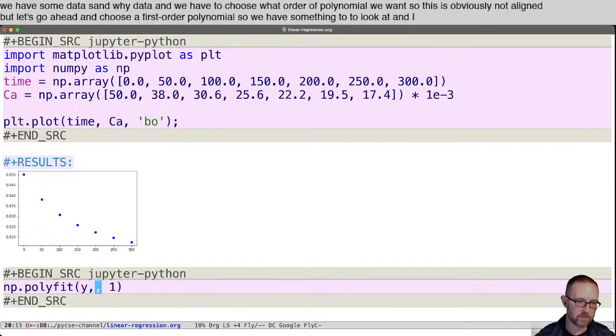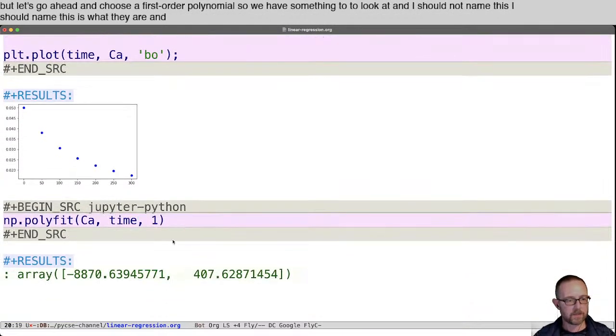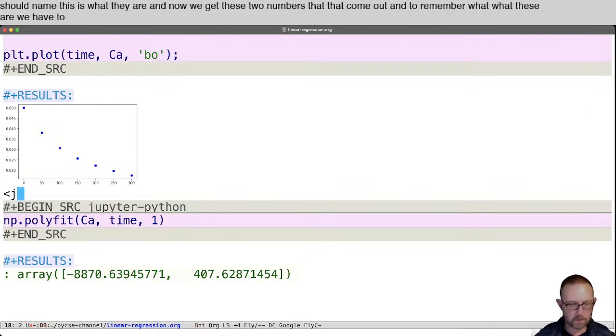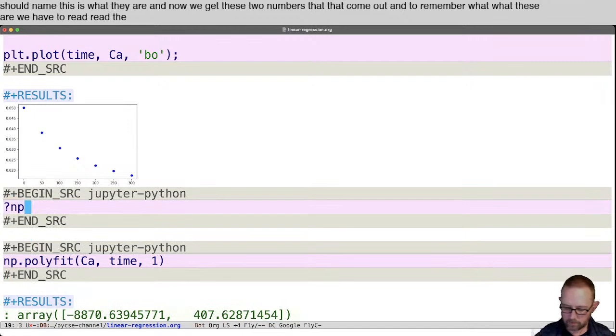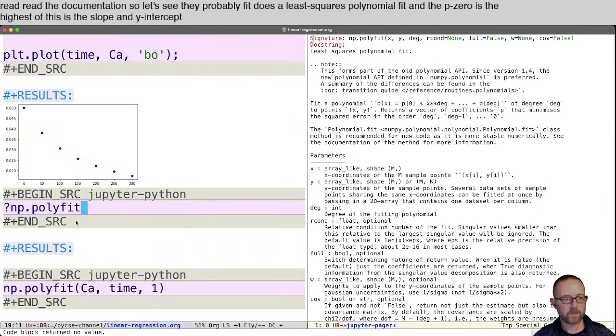And I should name these what they are. And now we get these two numbers that come out. And to remember what these are, we have to read the documentation. So let's see. The polyfit does a least squares polynomial fit, and the p0 is the highest, so this is the slope and the intercept. So the constant term goes at the end.